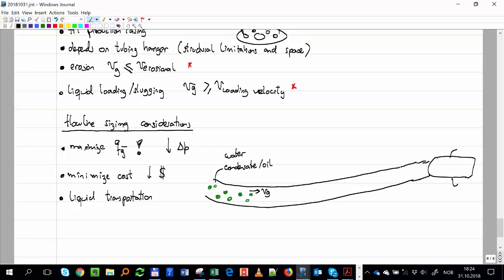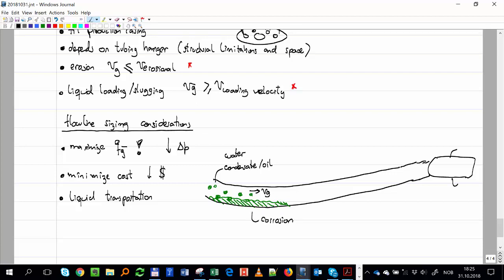Now the problem is that sometimes the velocity is not enough, and then the liquid starts to accumulate in the lower parts of the pipe. There are a few issues associated with that. One is that if you have water accumulation, that can cause corrosion.